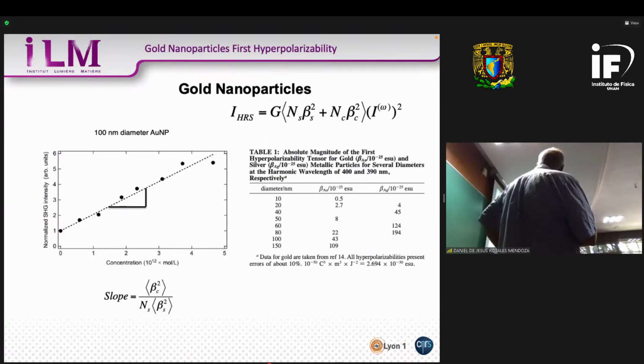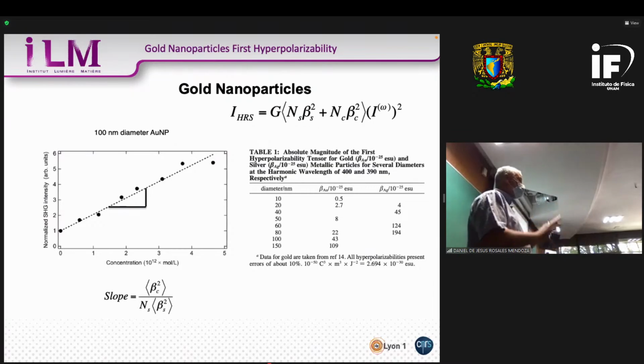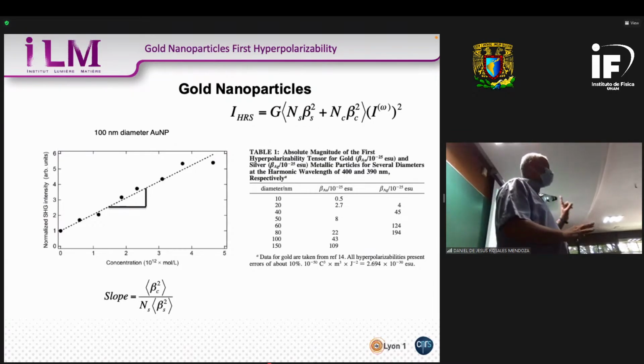So we've done, again, concentration dependence. That works pretty well, just like molecules, and we can determine the first hyperpolarizability. Up to there it is exactly like before. Except now we have to wonder, what is really the origin? Because it's centrosymmetric, where can we generate second harmonic from such a material?